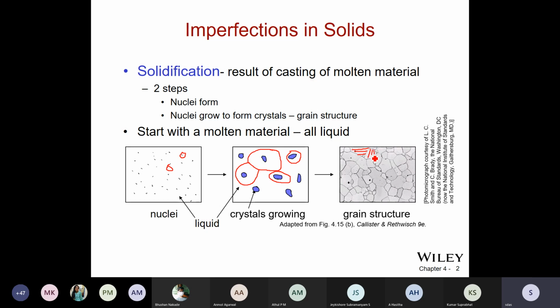So in a single phase material, the grains have the same crystal structure, but the orientation of the various crystallographic planes containing atoms is different from one grain to another.